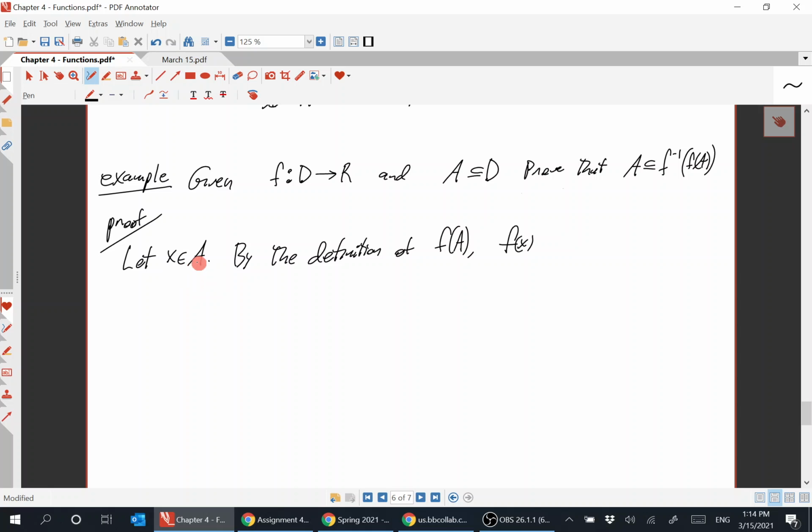All right, we're letting x be in A. And by the definition of the image of A, f of x is where? In the image of A, yeah. By definition of the image of A, f of x is just in the image of A.